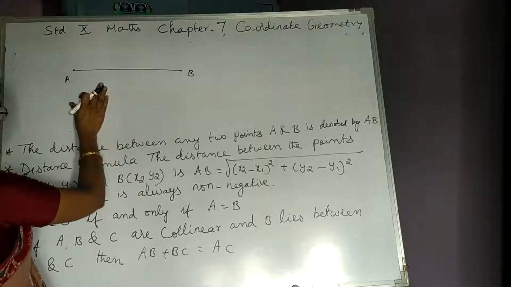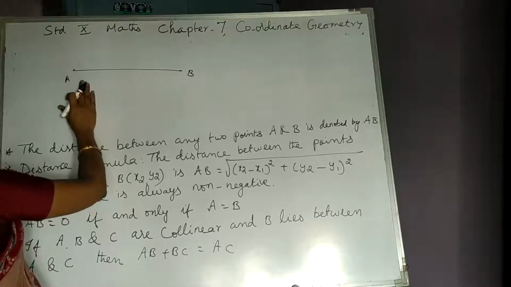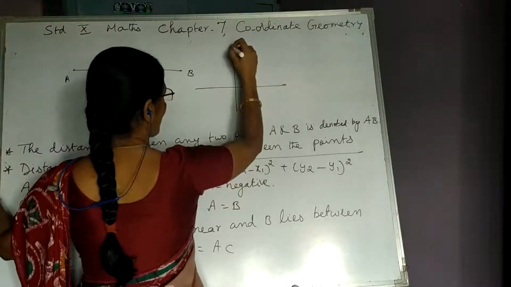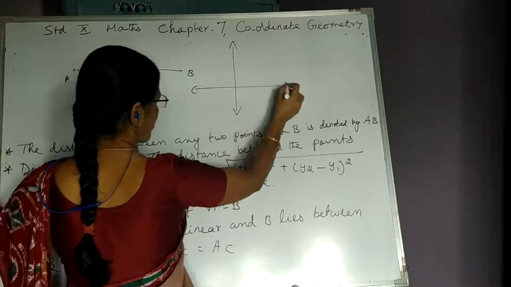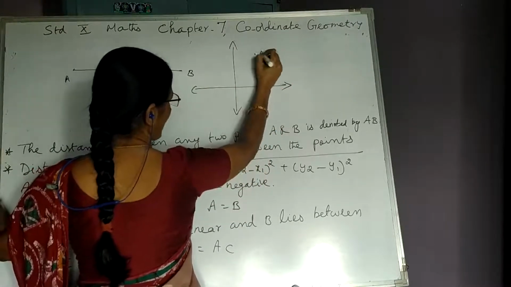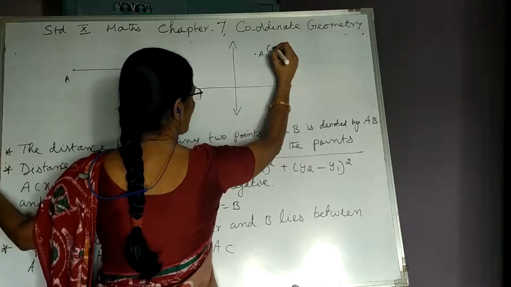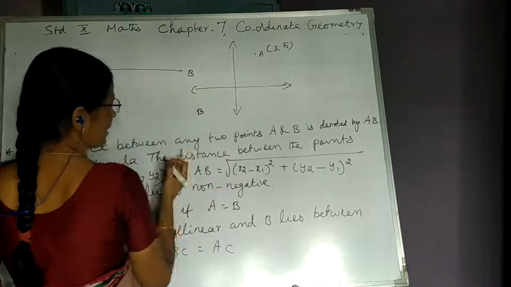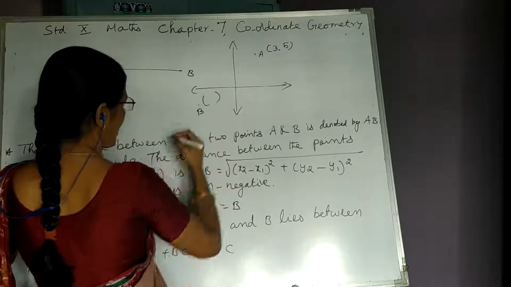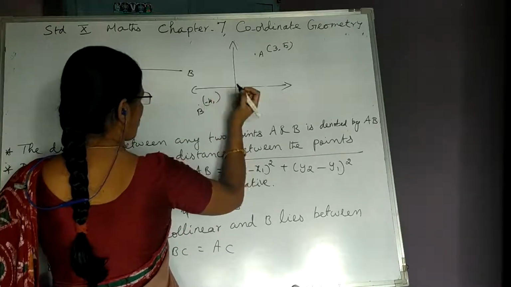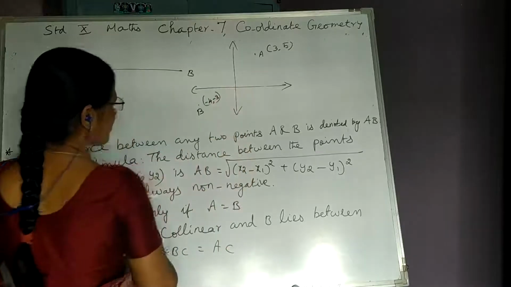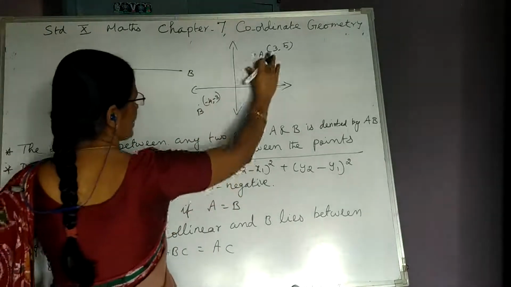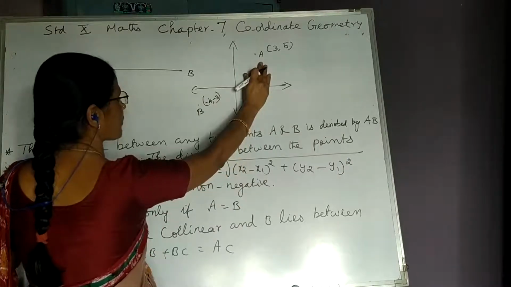Whereas when it is not plotted and its coordinates are given, say point A is here, its value is say 3, 5, and say here B is there, its coordinates are say -4, -3. We are asked to find the distance between these two points.